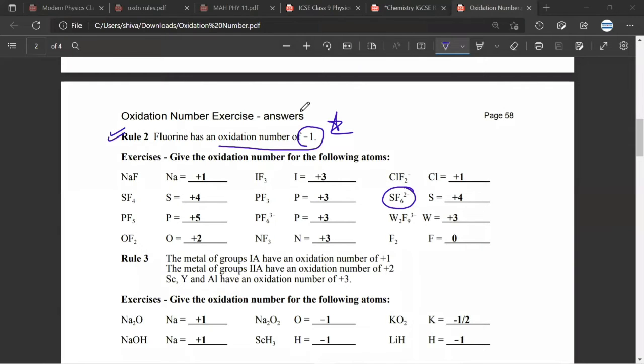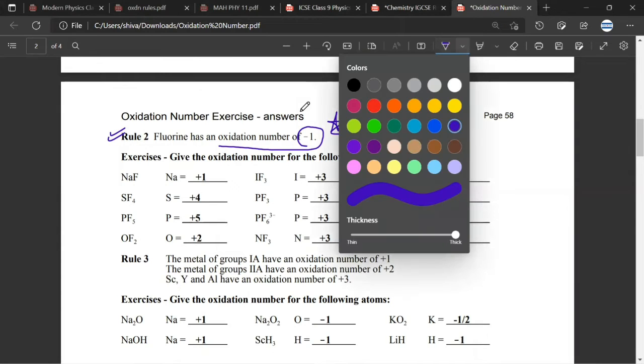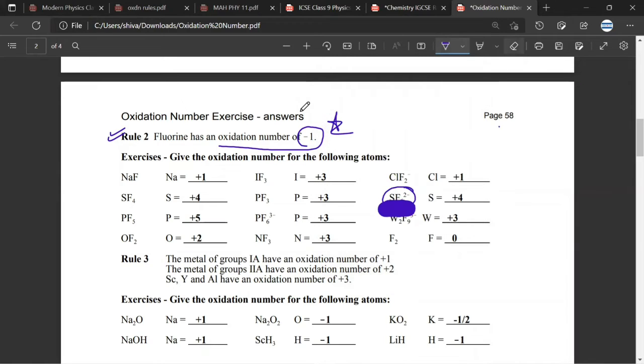So if I look at this, how do I calculate? What I know is that the fluorine oxidation number will always be -1. It will never change. So if we look closely, the charge on this ion will have to be -2. But fluorine would always be -1.